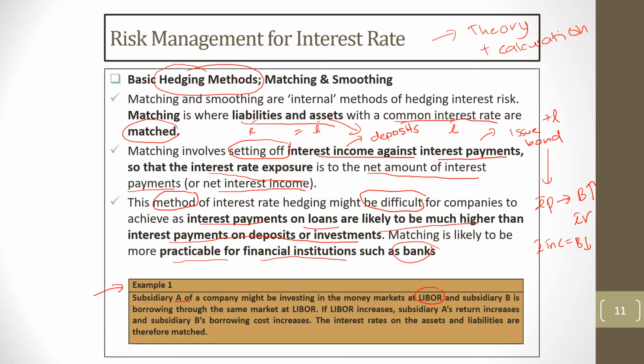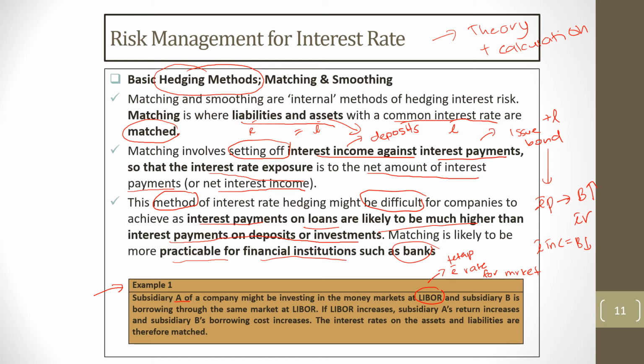Diorang yang akan tetapkan berapa interest rate on the current market. Okay, so it means yang subsidiary A dia akan invest the money mengikut floating rate. Sebab KLIBOR ni dia tetapkan interest rate for market. So mana-mana yang ikut KLIBOR or LIBOR, dia akan follow that country punya interest rate lah.